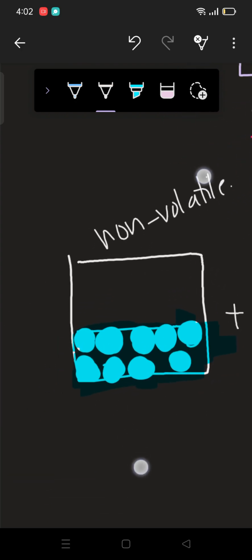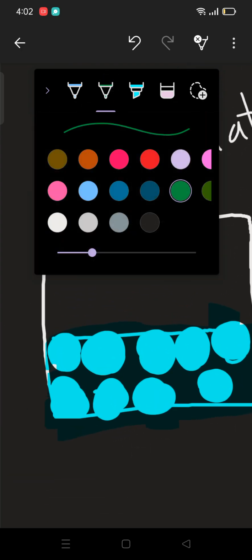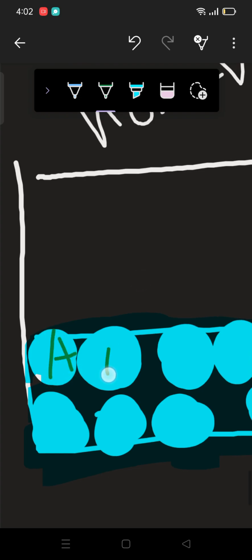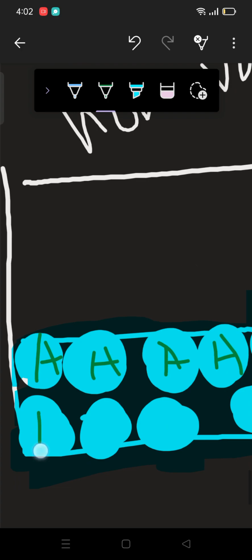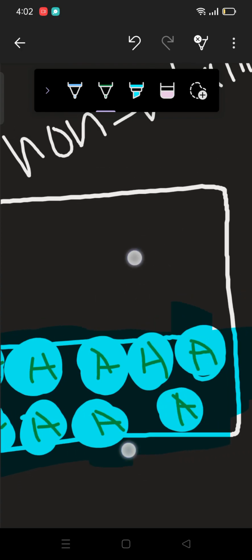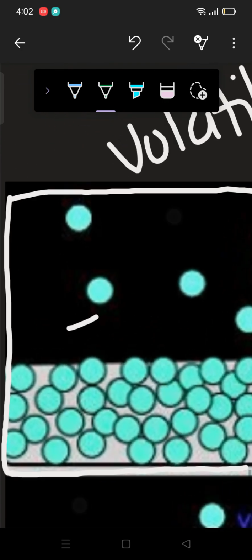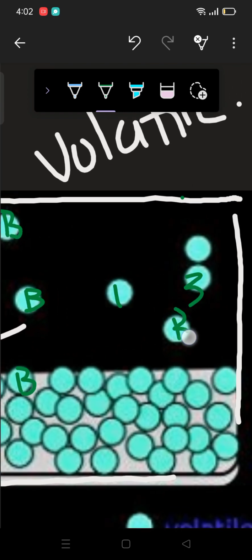Now suppose these molecules were A molecules, and they don't have the capability to make vapor pressure, right? We made them mix together with B molecules, which have the capability to make vapor pressure.